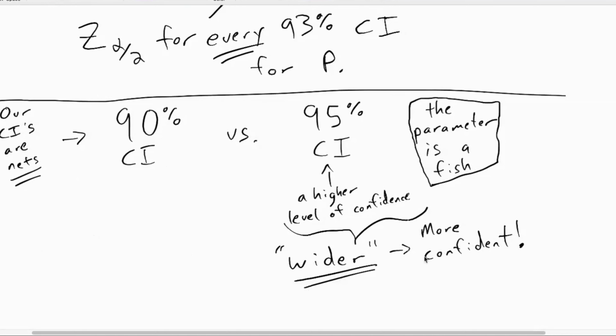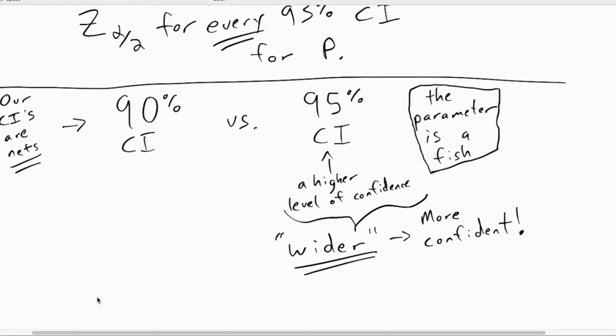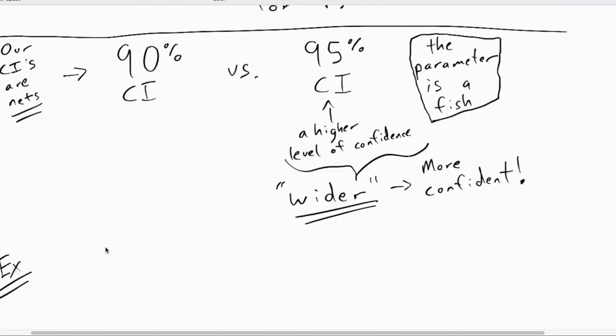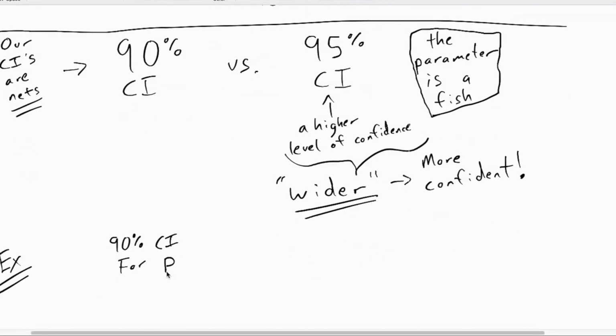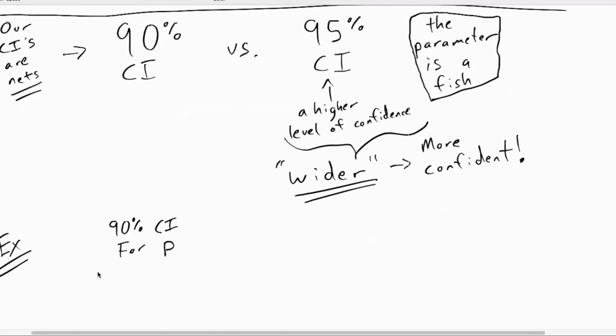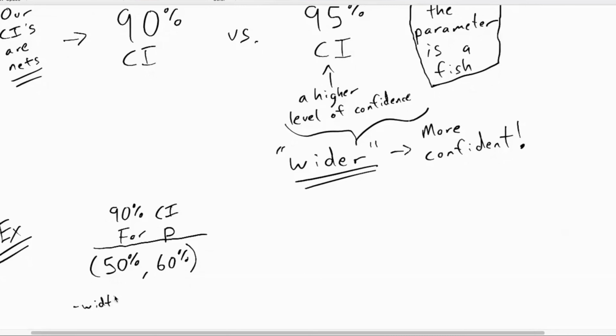Not higher, but wider. What I mean is, for example, say you had a 90% confidence interval for P, and I'm just going to make one up here really quickly. Say that interval was from 50% to 60%. The width of this interval is 10%. That's what I mean by the wideness of it.